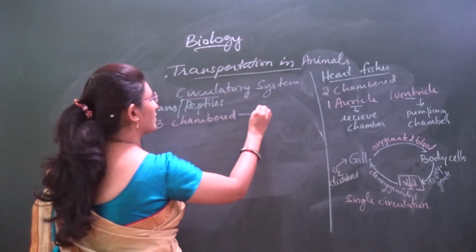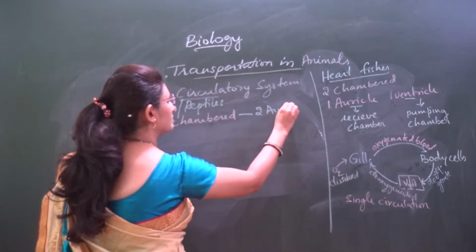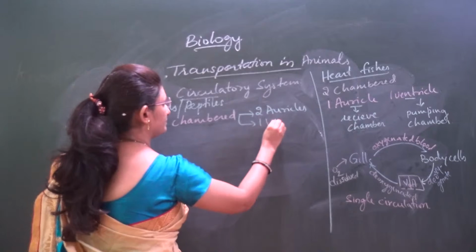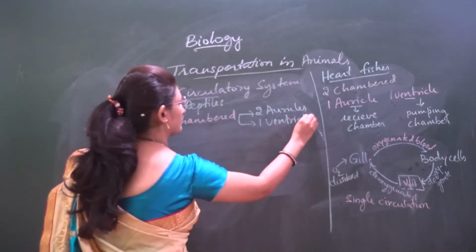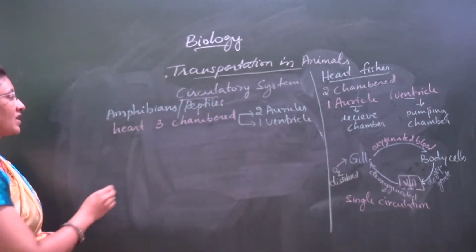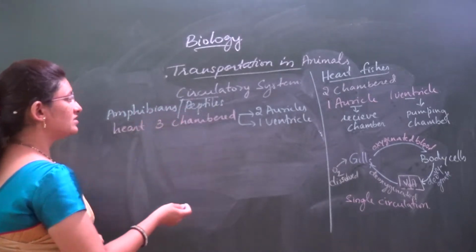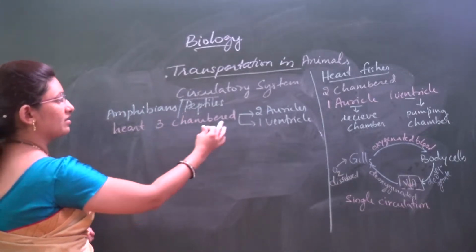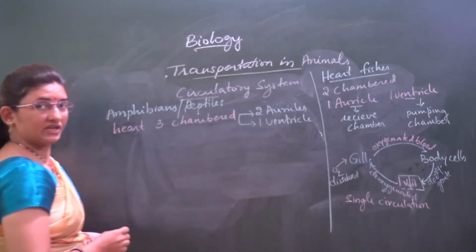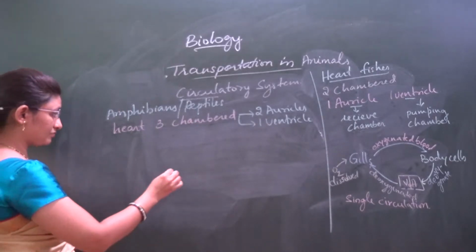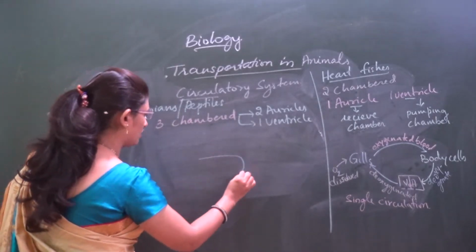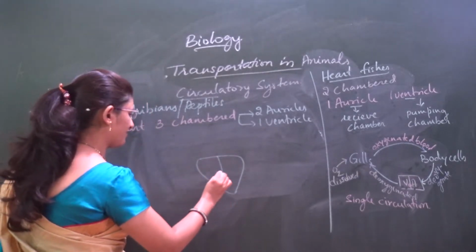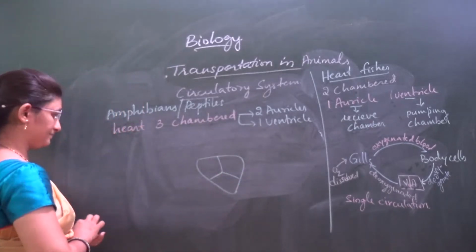It is consisting of two auricles and one ventricle. If you take the example of the frog, or the snake, here it is a three-chambered heart in which two auricles and one ventricle are present. Now, how is the overall process carried out in case of amphibians and reptiles?